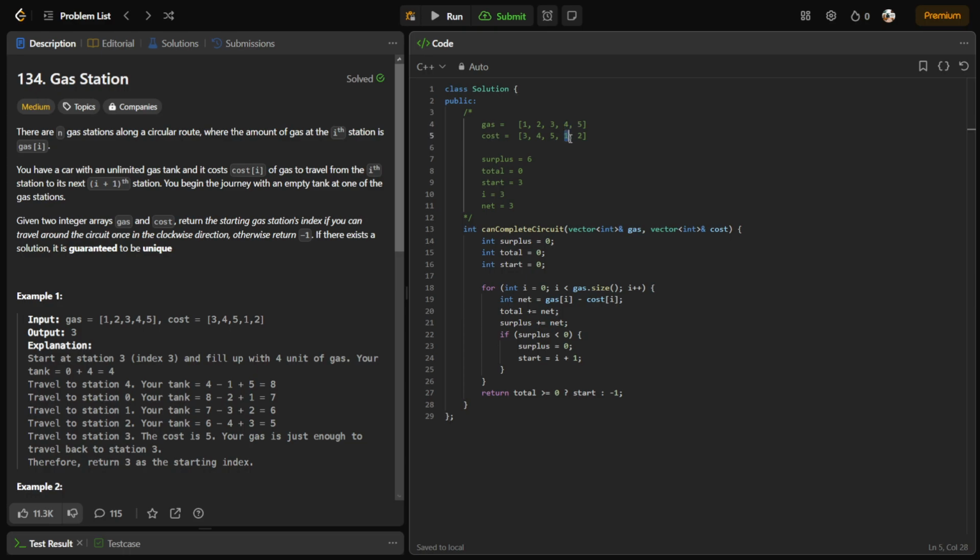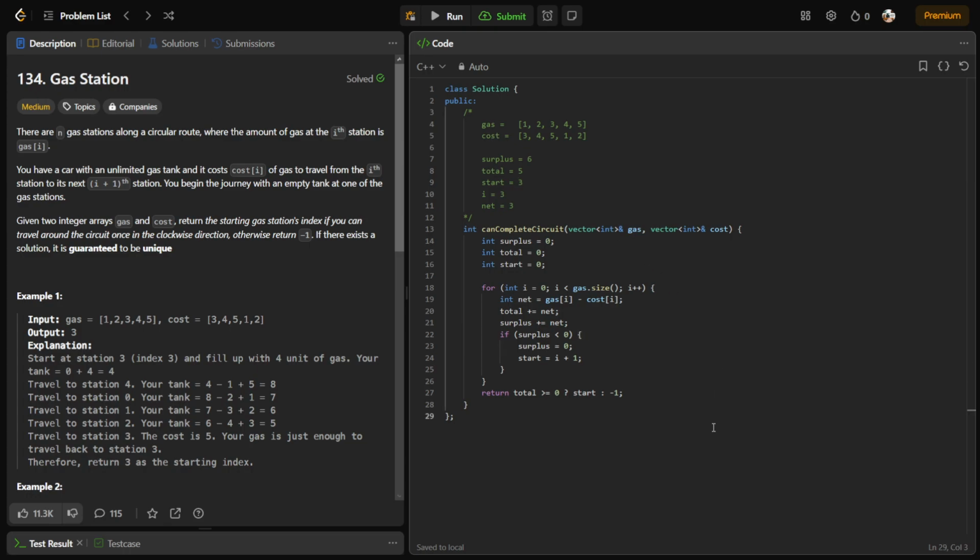That's where we started off. Otherwise, we return -1, like I mentioned, if the total was less than 0. If the total was more, let's say 5, that is still completely fine, because that just means that for every round we do, we get an extra 5 gas, and that does not mean we will run out of gas while traveling. So we can still return the starting index 3, no problem.